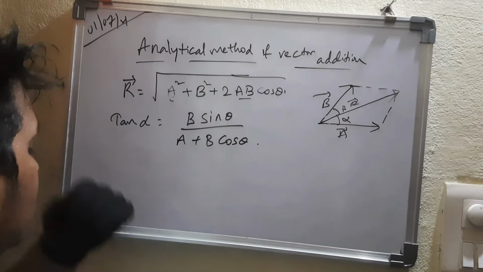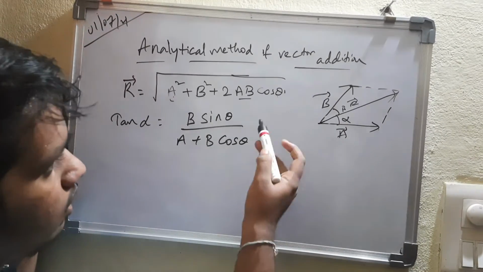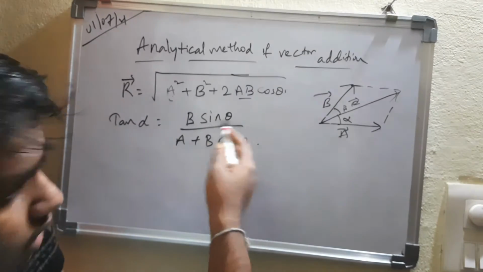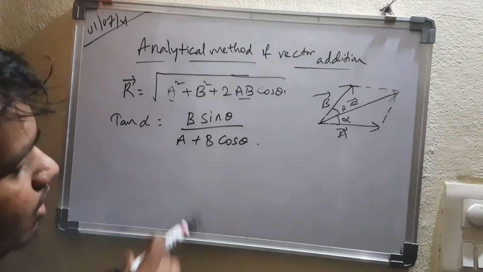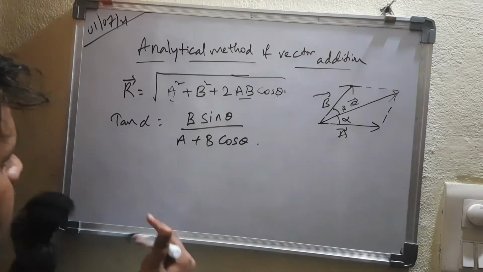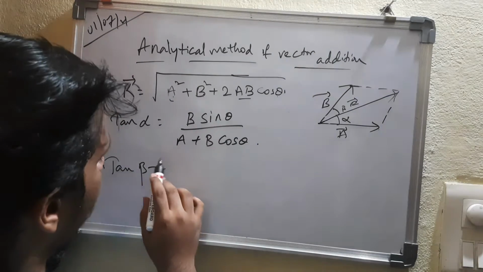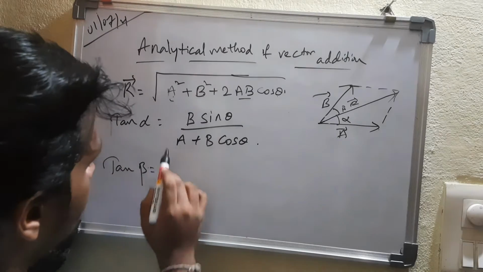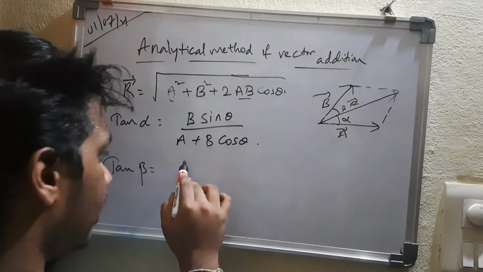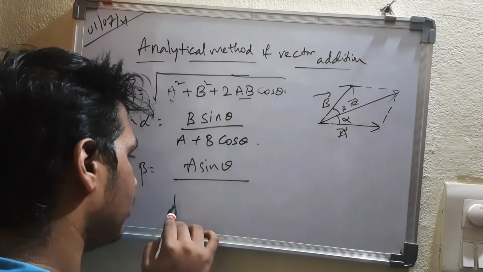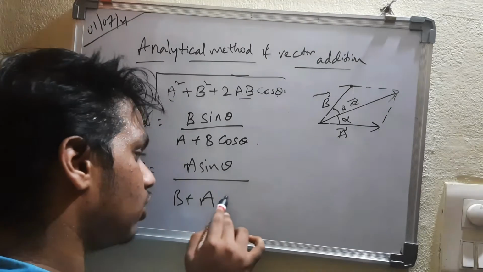If you know the value of theta, you can apply it. A and B are magnitudes. Okay, tan beta is A sin theta by B plus A cos theta.